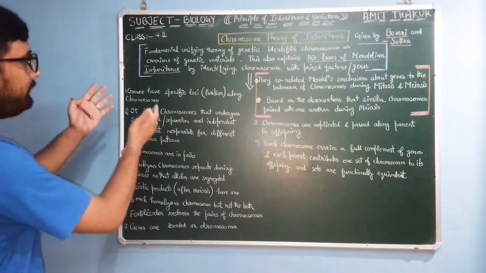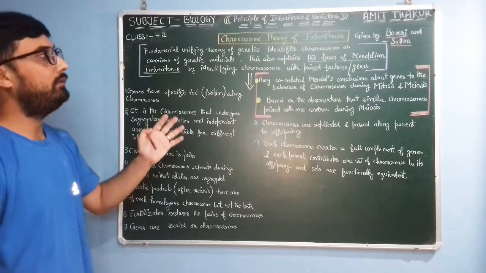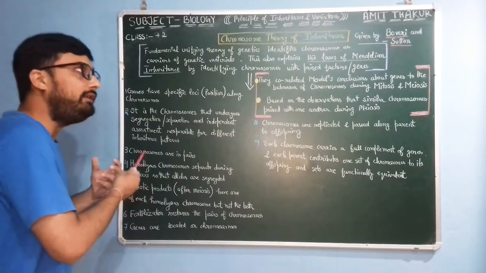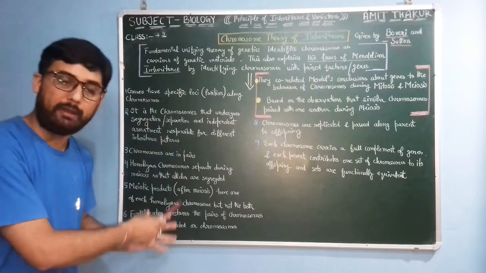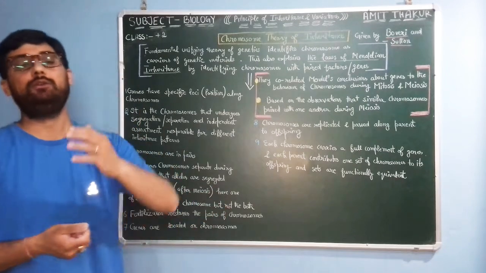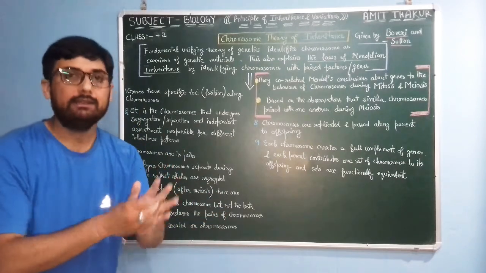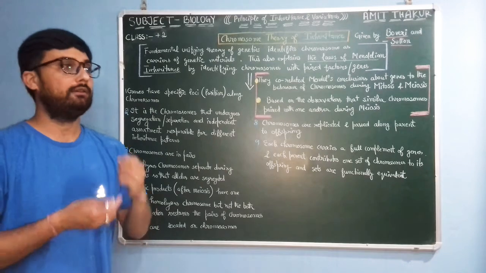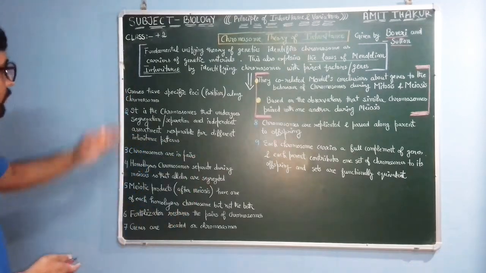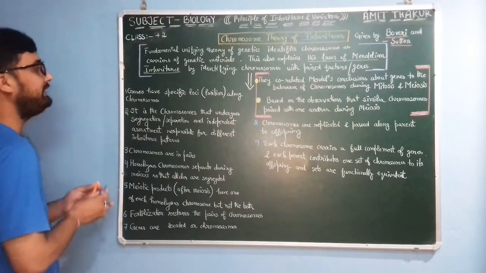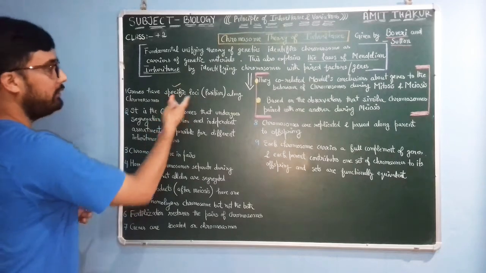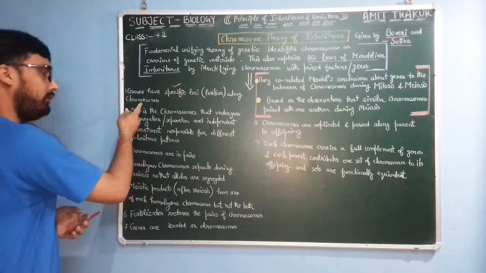So these are the various points in the chromosome theory of inheritance: how chromosomes account for inheritance patterns, and how genes and chromosomes show their effect in parallel across generations. The points are, first of all, genes have specific loci, or location or position, along chromosomes.